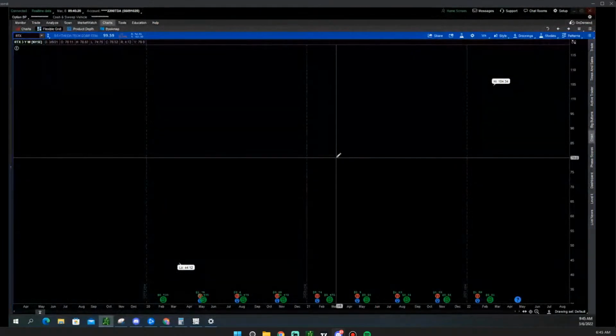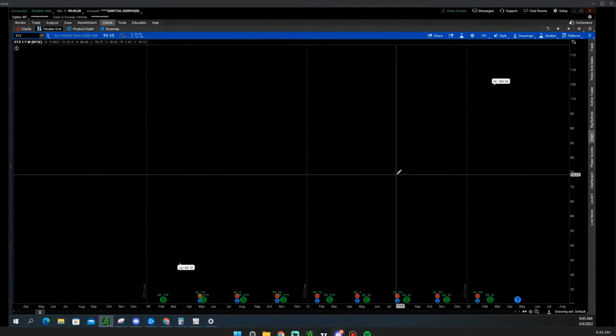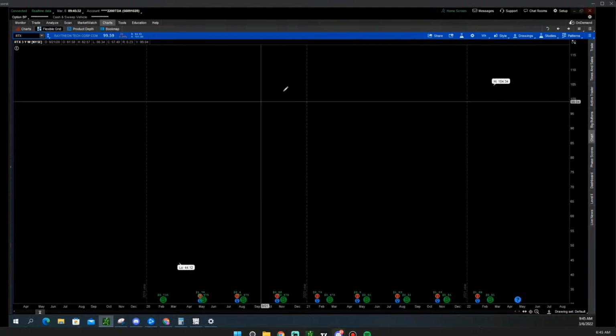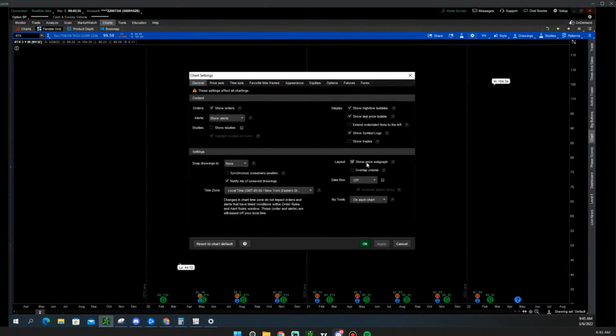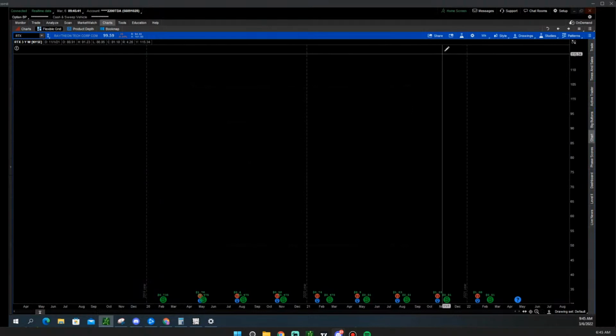Can anyone tell me where we're going to reject right now, or where we're going to find support? No, we don't have bias. We have no idea. We don't have anything to go off. We have the high and low just because of the settings. We'll remove them. Okay, so no clue what we're going to do here.